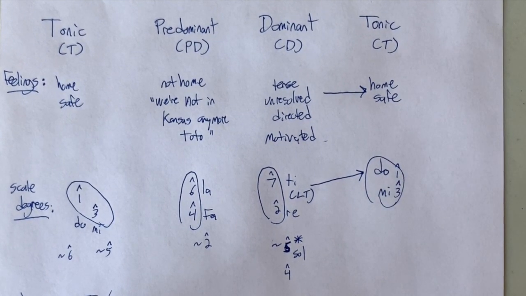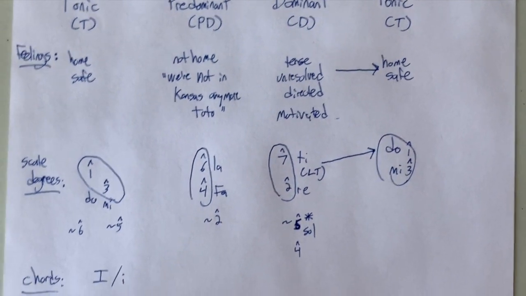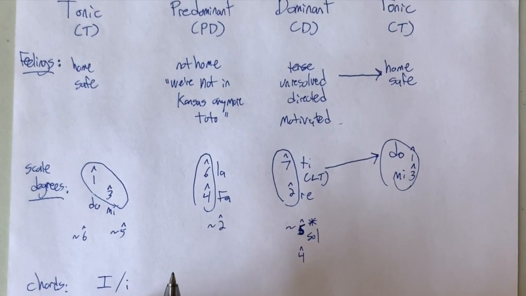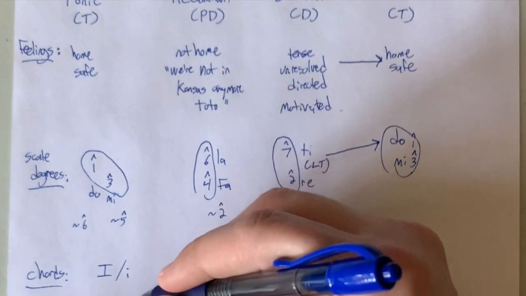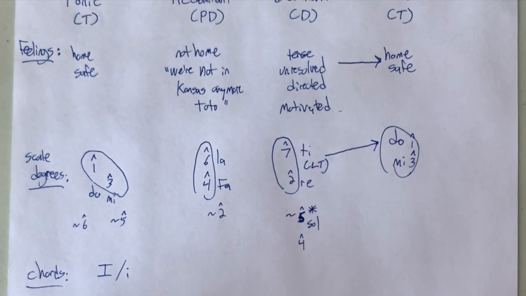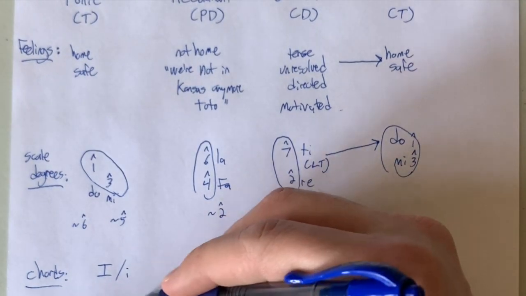A lot of that is because of how they fit in chords. So a 1 chord is pretty much the tonic chord, right? We're going to find out later a 3 chord can kind of act tonic-y or in between, sort of.